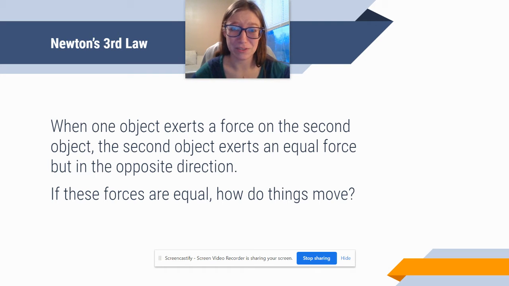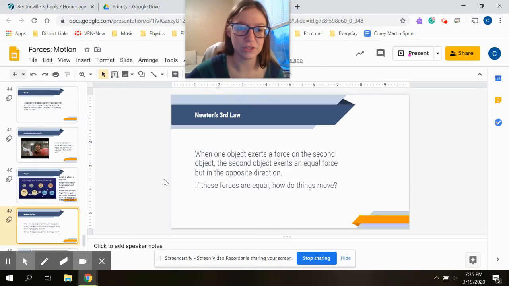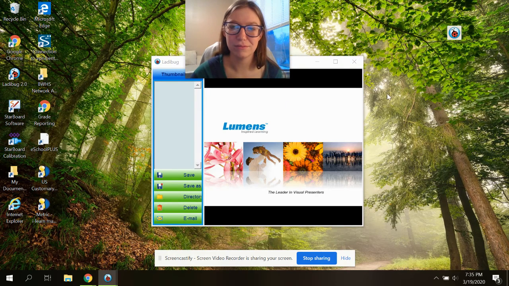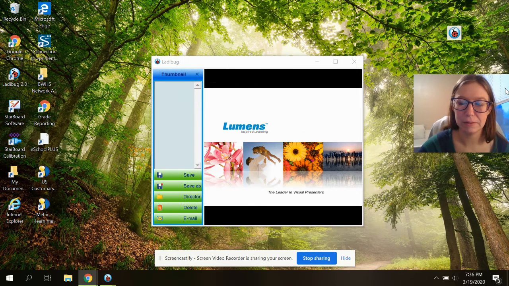Free body diagrams are pretty difficult for people to get, and it really helps to do as much practice as possible. So do some of these with me, and then hopefully that'll help out. Alrighty.